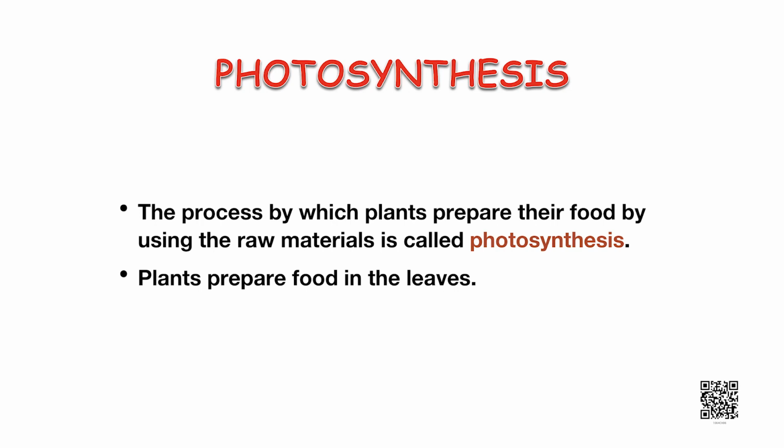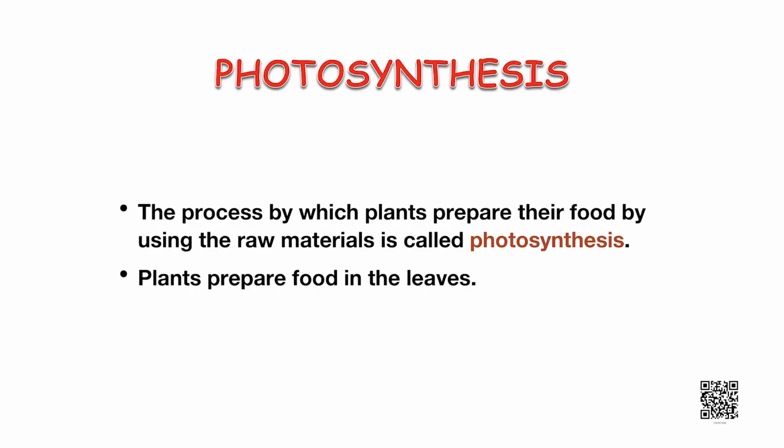Chlorophyll is the green pigment present in leaves and green parts of the plants, which helps in capturing the energy of sunlight. The process by which plants prepare their food by using the raw materials is called photosynthesis. You must have heard this term in lower classes.